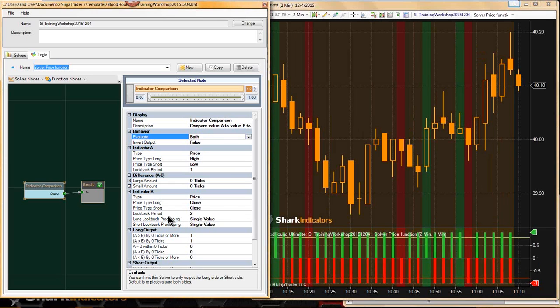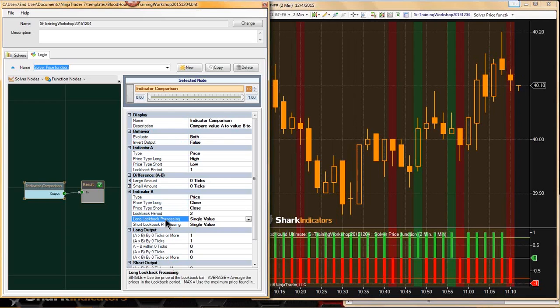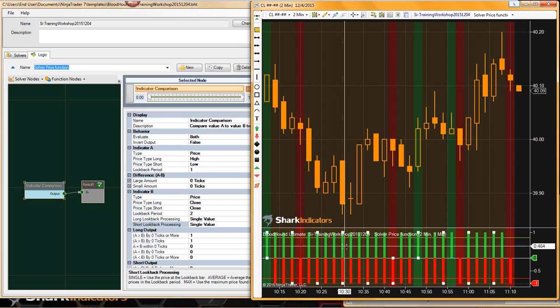To step back and explain the bigger picture of how BloodHound works, we have a price type long, a price type short, a long look back processing and a short look back processing. This long output and short output from BloodHound are two completely separate calculations. BloodHound is calculating the long output plot as a separate calculation versus the short output, so it's always doing two separate streams of calculations.